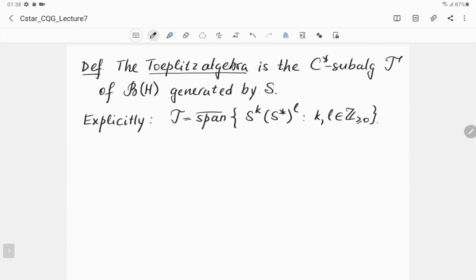This equality readily follows from the fact that S is an isometry.